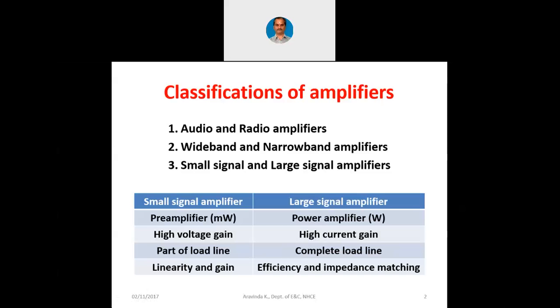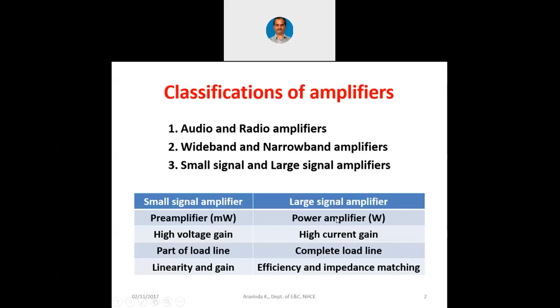If electrical systems are not efficient, part of the power will be lost as heat, and that heat is going to reduce the life of the equipment. More and more heat in the components or electronic systems is going to reduce their life. That way, efficiency is required in the case of power amplifiers.